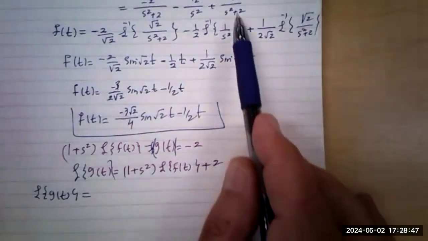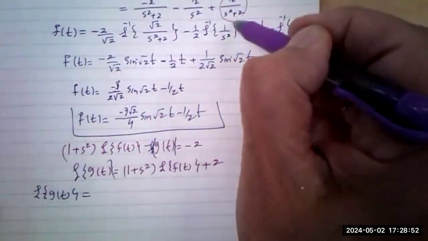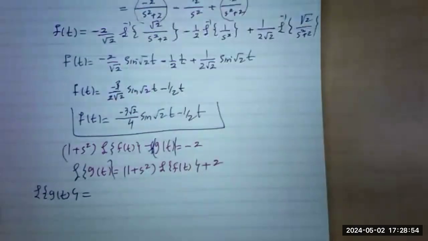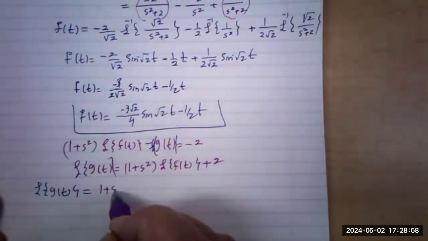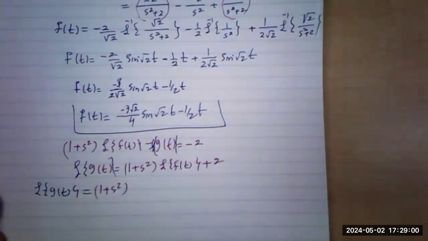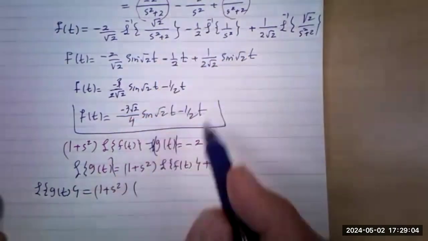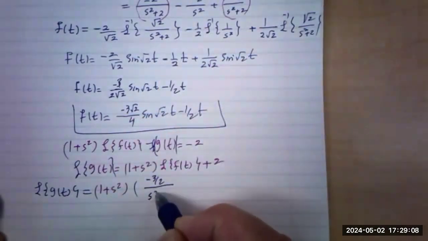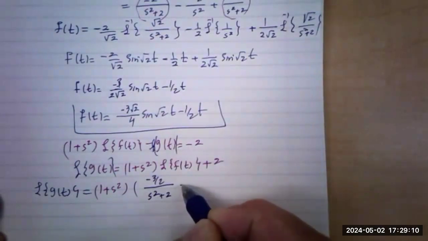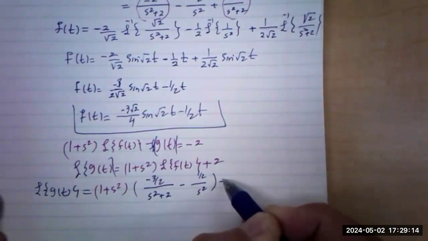We can simplify these two here. As we simplify the last part, it's going to be 1 plus s squared times Laplace of f of t. And the Laplace of f of t was -3/2 over s squared plus 2 and minus 1/2 over s squared plus 2.